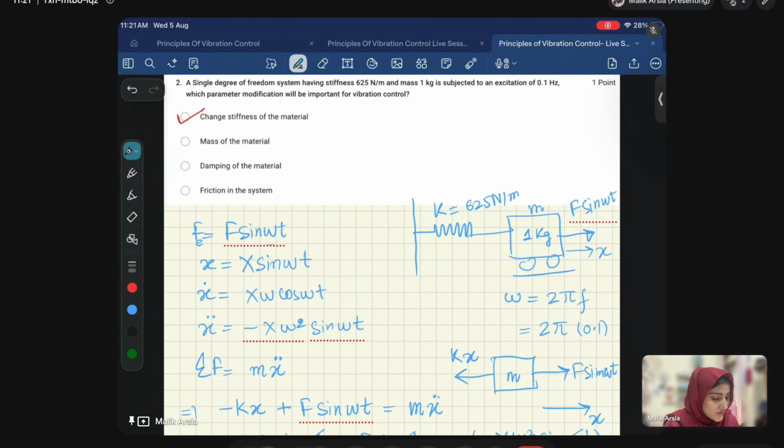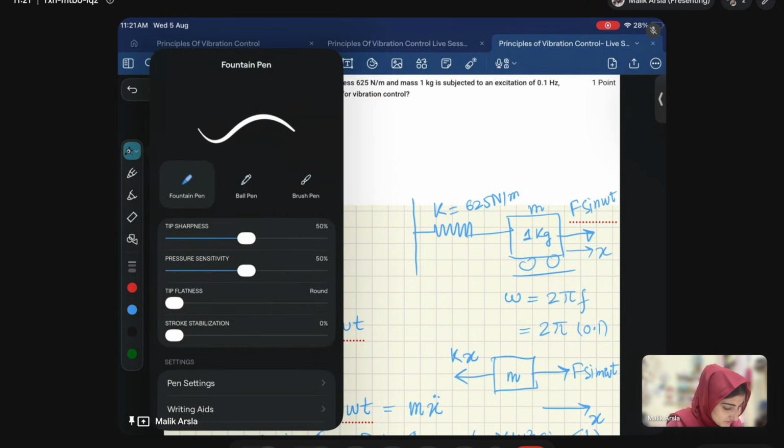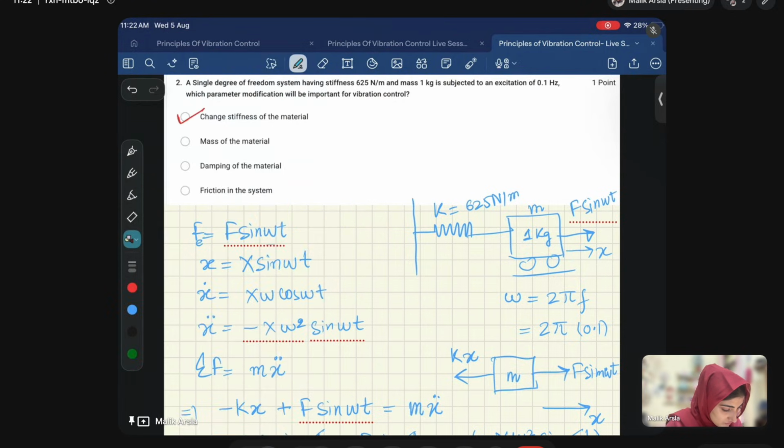Now our velocity would be X omega cos omega t. It is basically simple differentiation. And similarly our x double dot will be minus X omega square sine omega t.